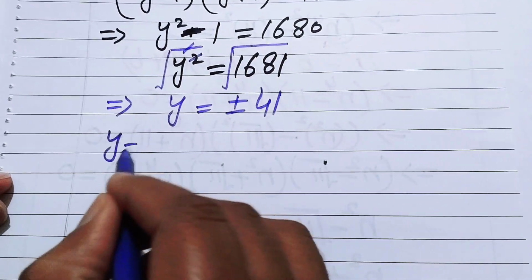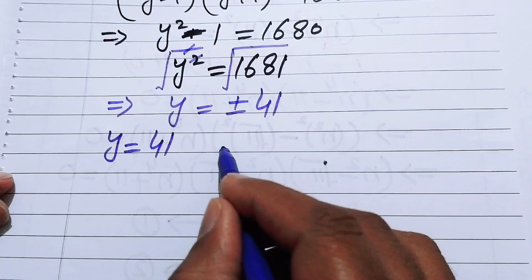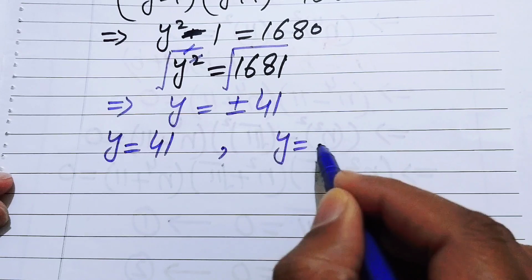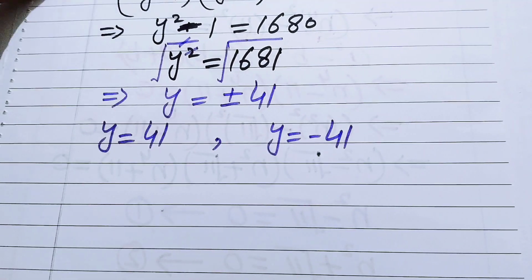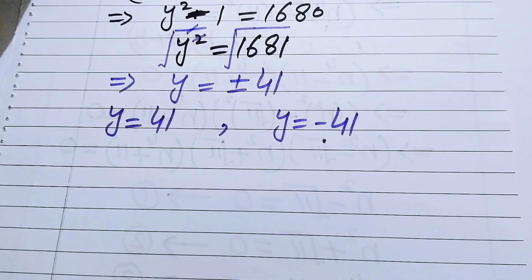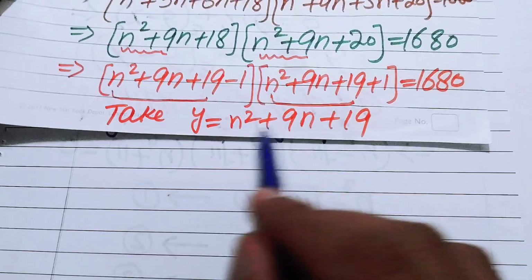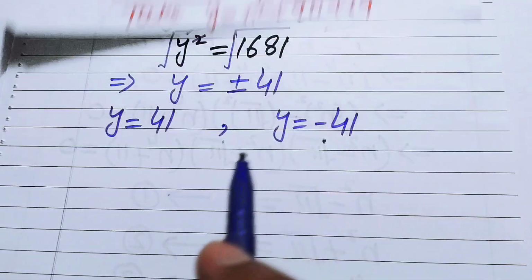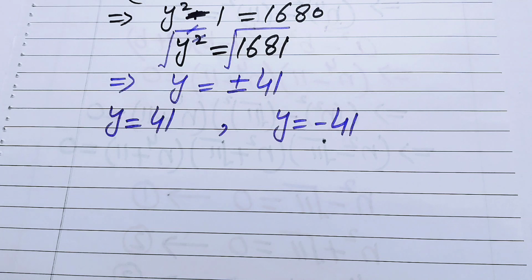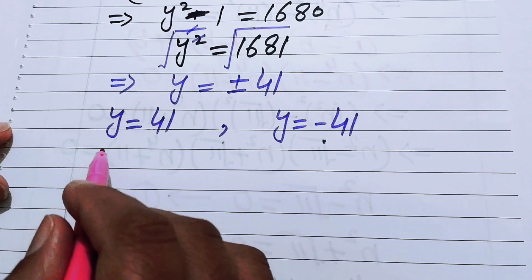The first case is y equals positive 41, and the second case is y equals negative 41. And now we can do the back substitution of y, where y equals n squared plus 9n plus 19. So now we back substitute this value, and you will solve these two equations.